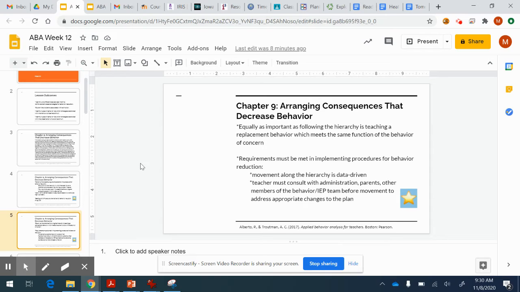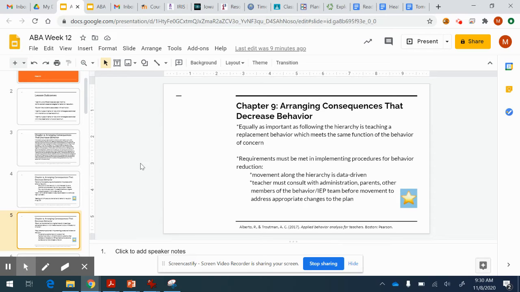The other important requirement is that teachers must consult with administration, parents, other members of the behavior or IEP team, basically anybody that's a part of that, before moving to address appropriate changes to the plan. Because the FBA and the behavior intervention plan are both documents of the IEP and are both legally binding documents, they have the same procedural rights that the other documents in the IEP do and are protected.